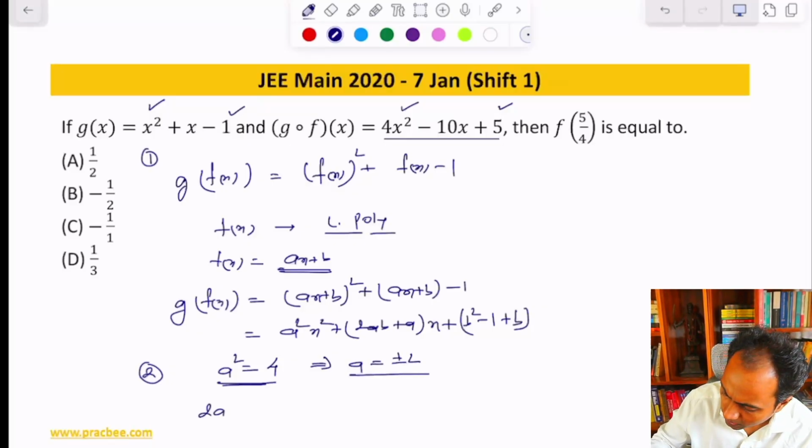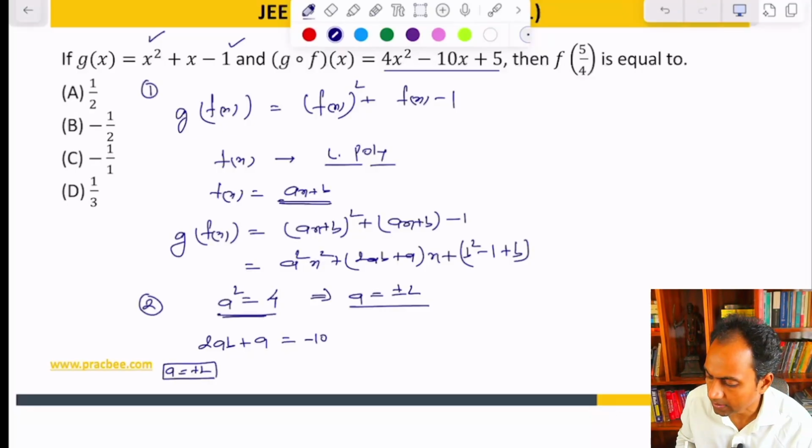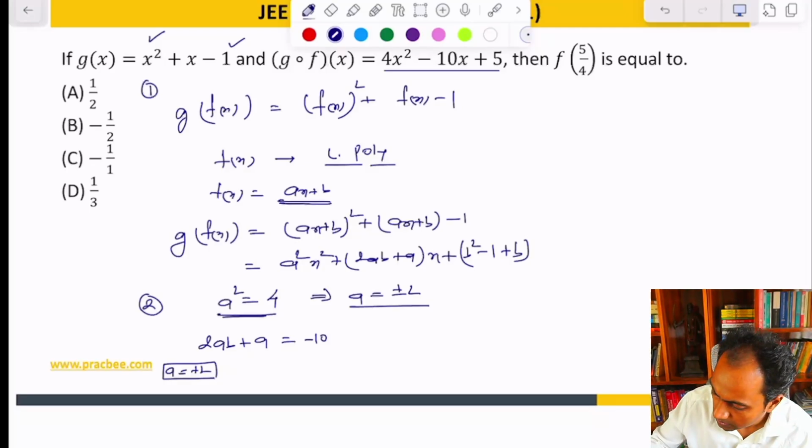Then we have 2ab + a, which is given as minus 10. So now two kinds of values are possible. If I take a as plus 2 and put it here, then this will become 4b + 2 = -10, and b comes out to be minus 3.